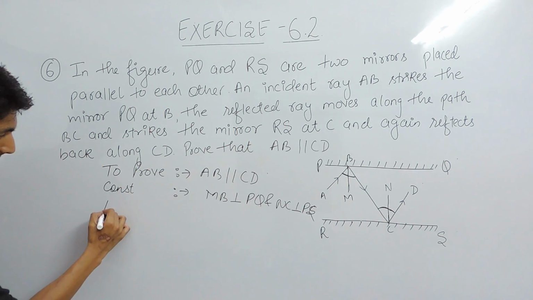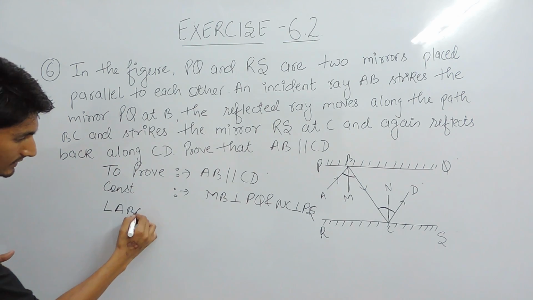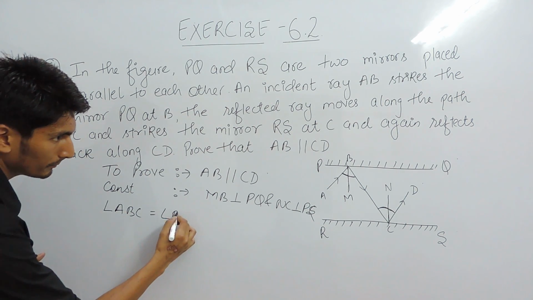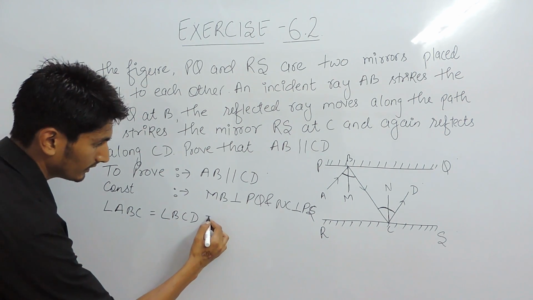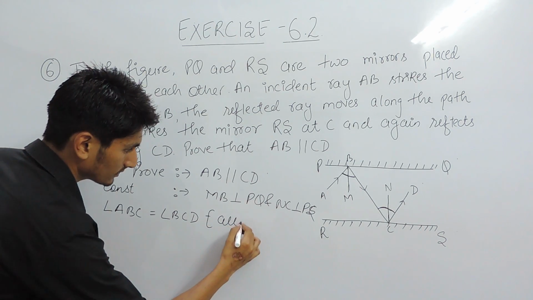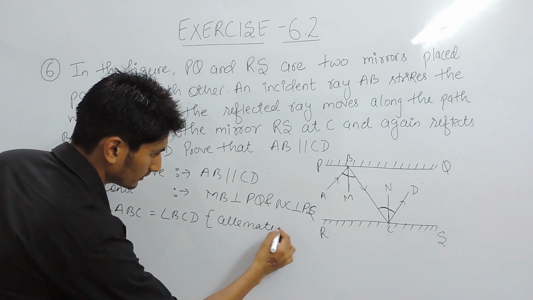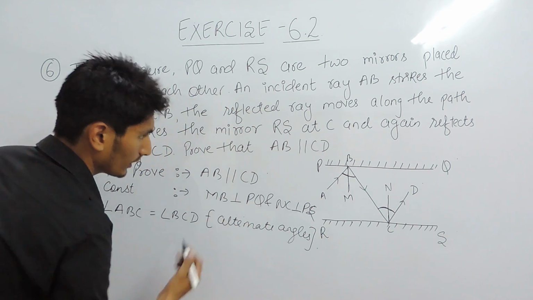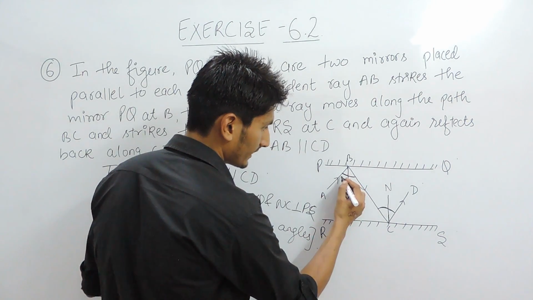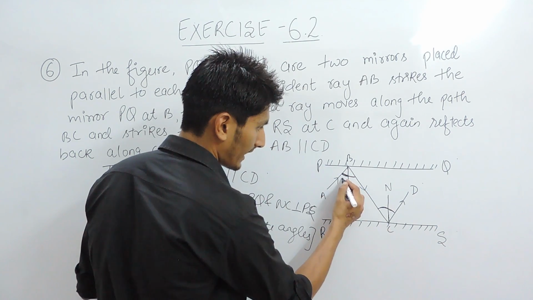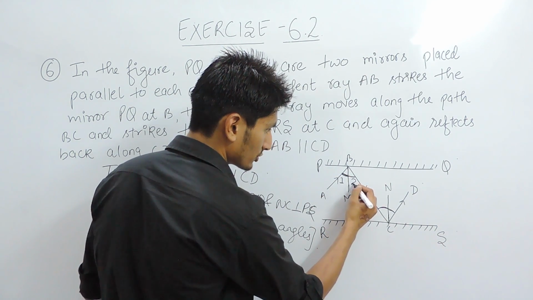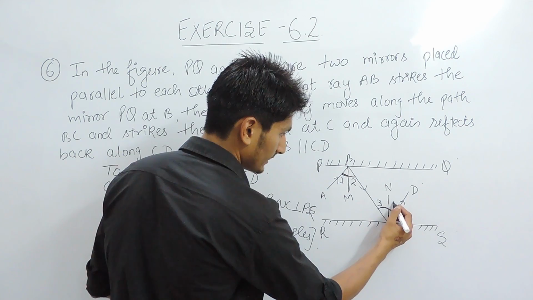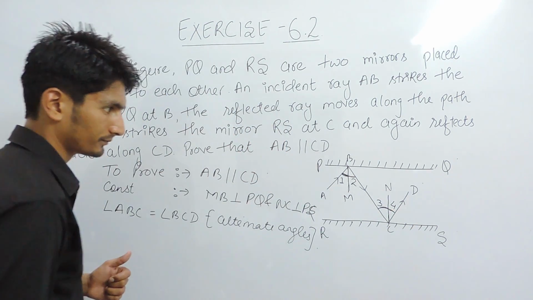So we are saying that angle ABC is equal to angle BCD, which are alternate angles. Let's name these angles: angle 1, angle 2, angle 3, and angle 4.